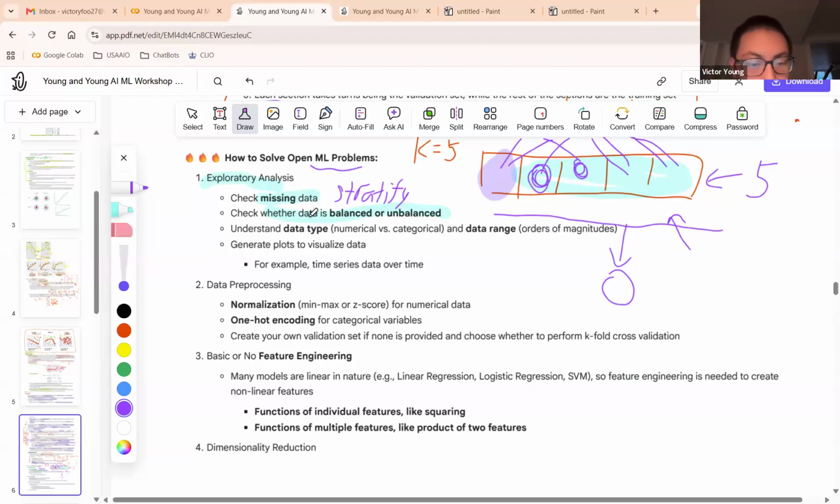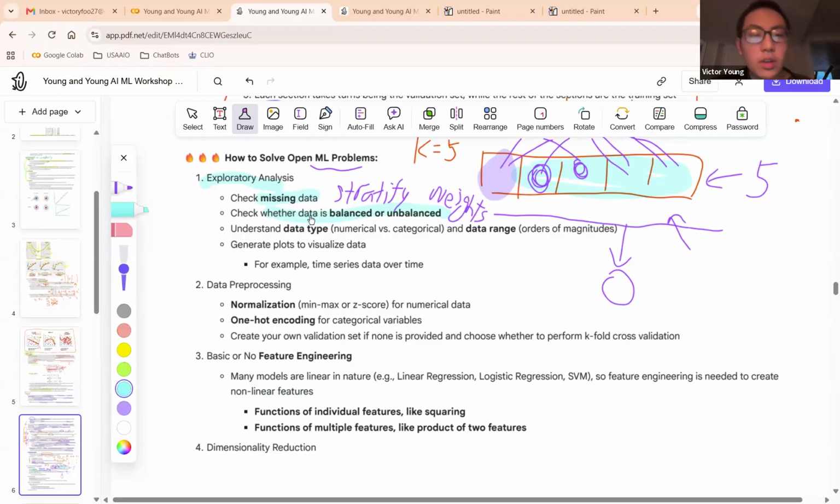For example, 95% of people have a disease, but 5% don't. Then we always try to get some of that 5%. That's stratified sampling. Another method is using weights on the loss. For example, if only 5% of people have this disease, then whenever I calculate the loss for such a sample, I give it a higher weight so that it counts more. If the model makes a mistake, it penalizes the model more.